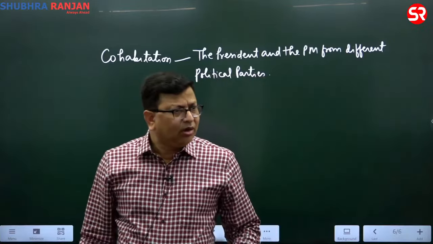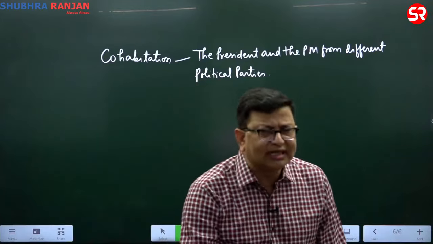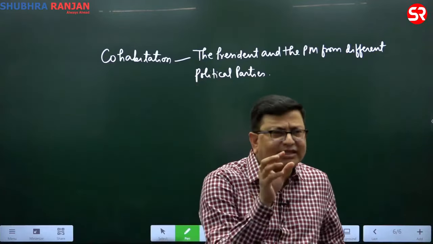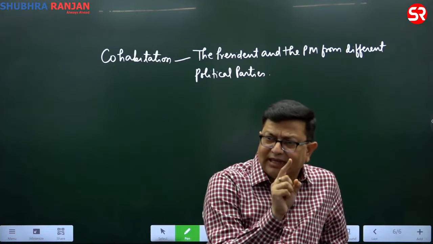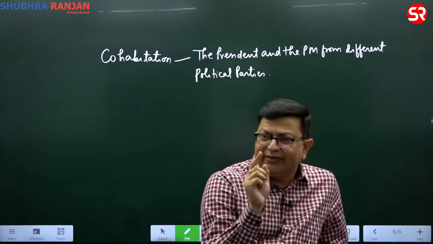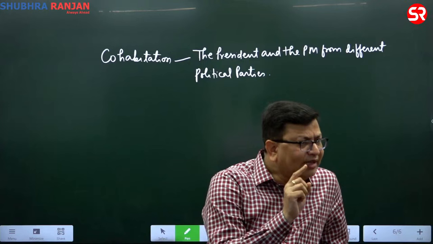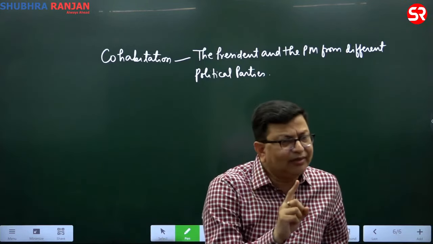Now, sometimes a question is asked by the students that then how this system works. If the president is from one party, prime minister from another political party, you see in France, what happens is that all the powers are vested in the French president.